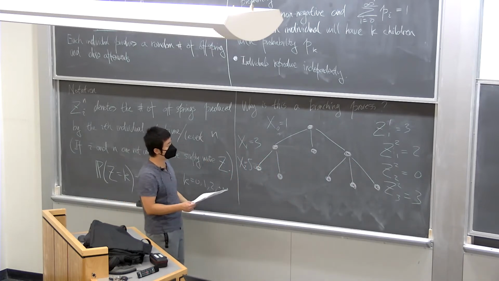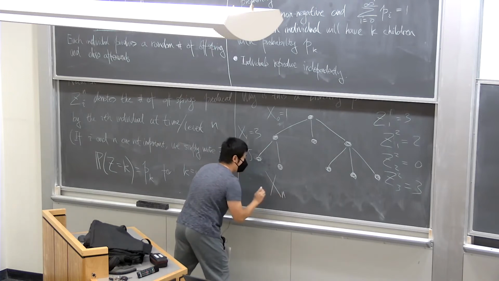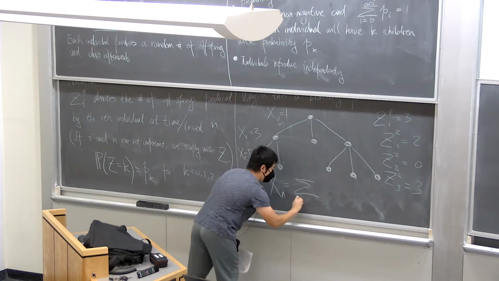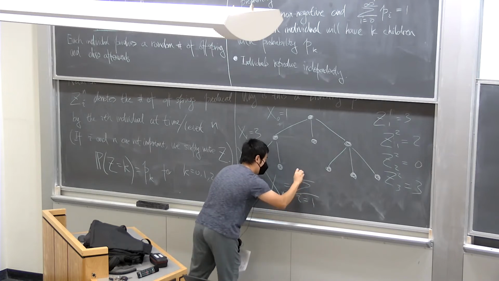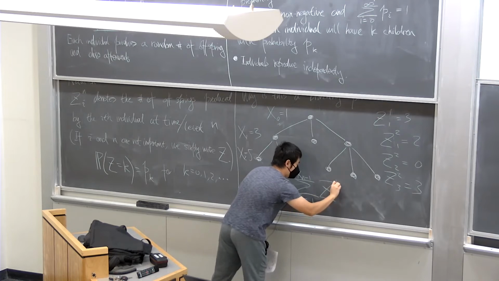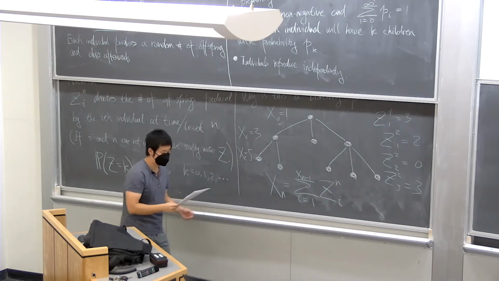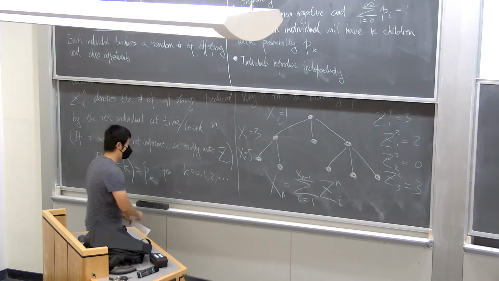Okay, and of course, then we also have the general formula. So xn is equal to the summation of i goes from 1 to xn minus 1 of z n i. So maybe I'll highlight this formula.